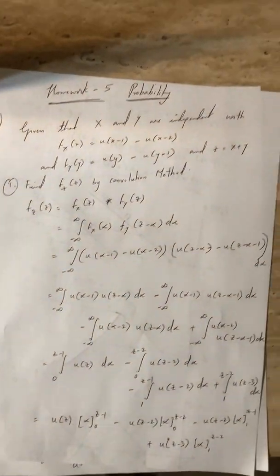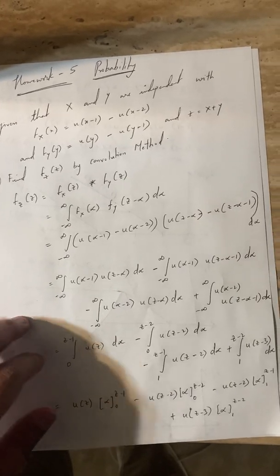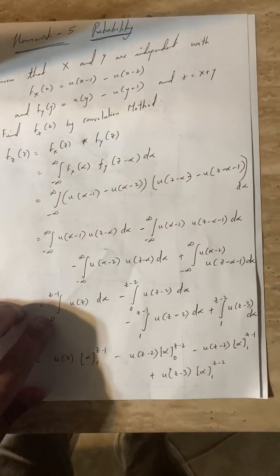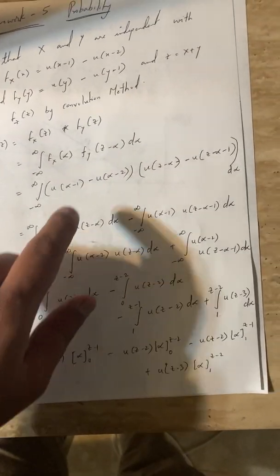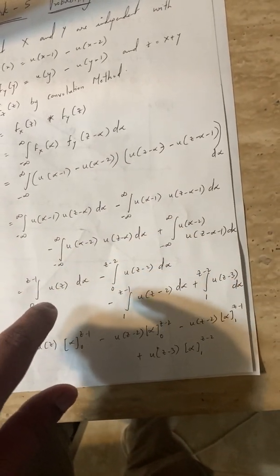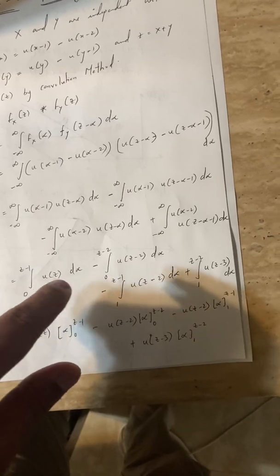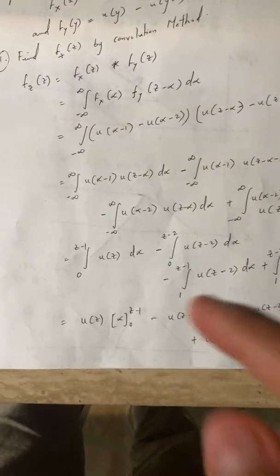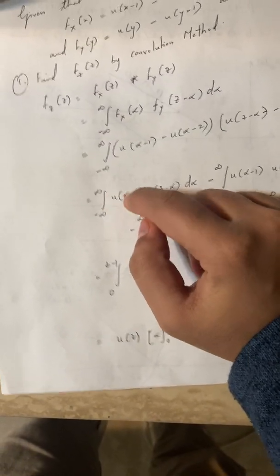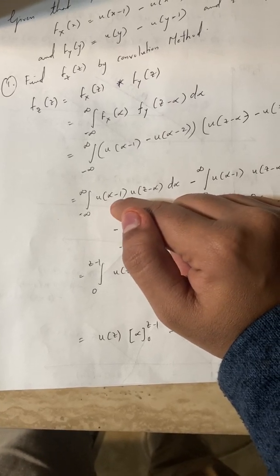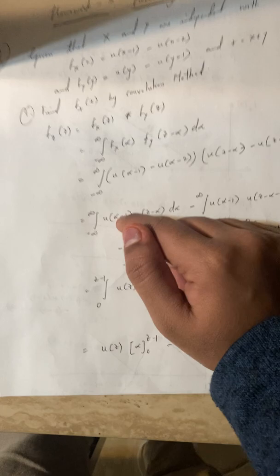First, look at the convolution method. Here I've taken up the values, multiplied them, and applied the integrals individually. From this step I've applied this because we can change the integral from minus infinity to infinity to 0 to z minus 1, because there's a unit function alpha minus 1 here.